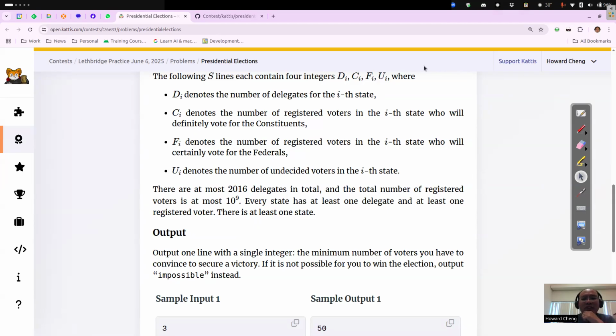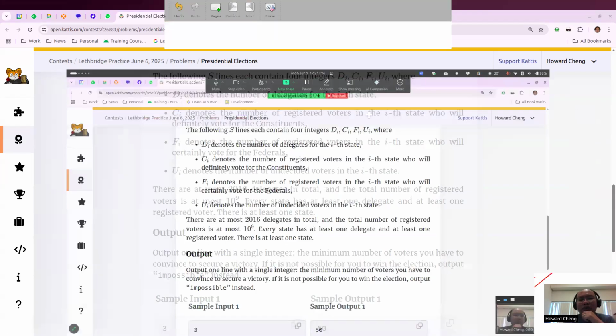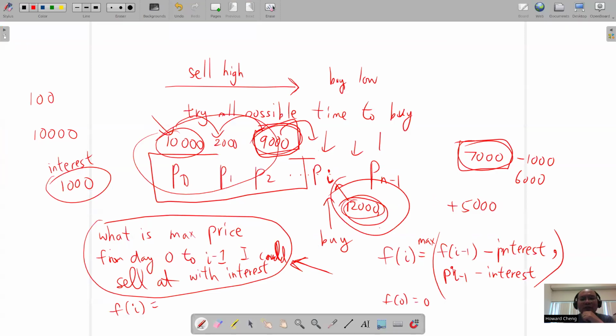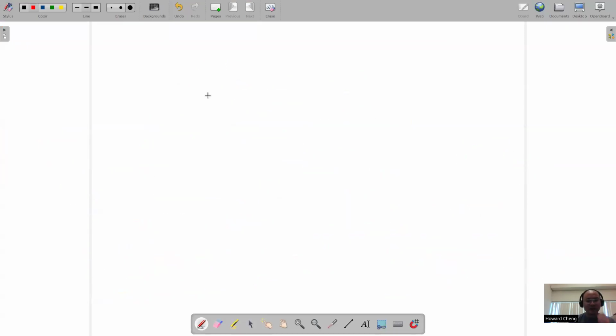Okay, so again, you need to read this carefully because I don't want to tell you things that are already in the statement. But basically, there are a bunch of states. Each of the states has a number of delegates, a number of people that vote for each party, and then undecided.